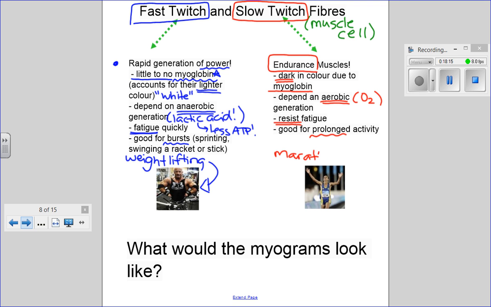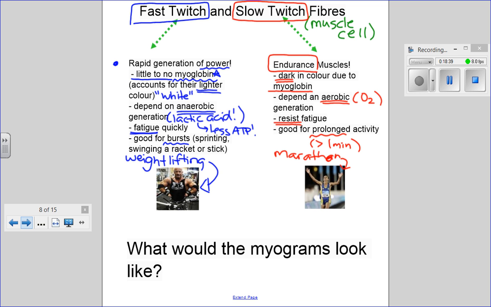So I put a picture of someone running a marathon. That would be a really extreme case of endurance muscles. Even something as simple as going for a jog would require your slow twitch fibers. So if you ask yourself, am I going to do the activity for more than about a minute?